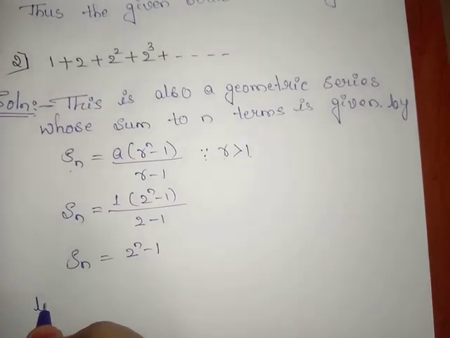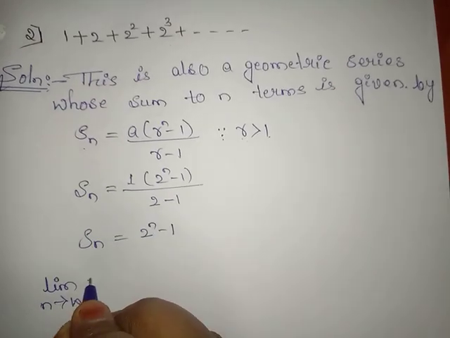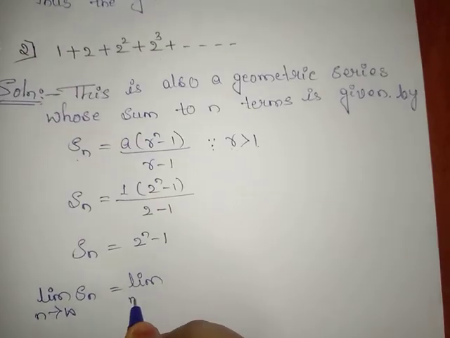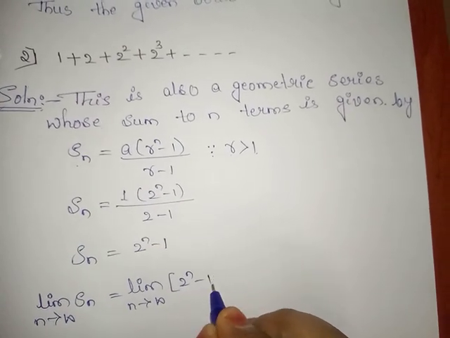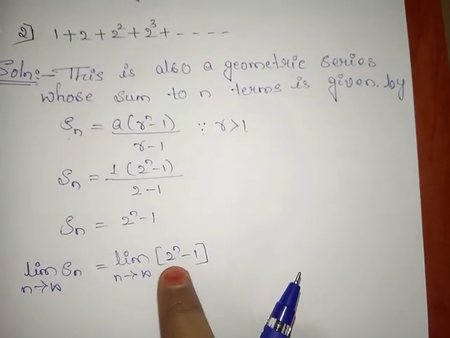Now apply the limits. Limit n tends to infinity, Sn is equal to limit n tends to infinity 2 raised to n minus 1. Now apply the limit here, 2 raised to n.